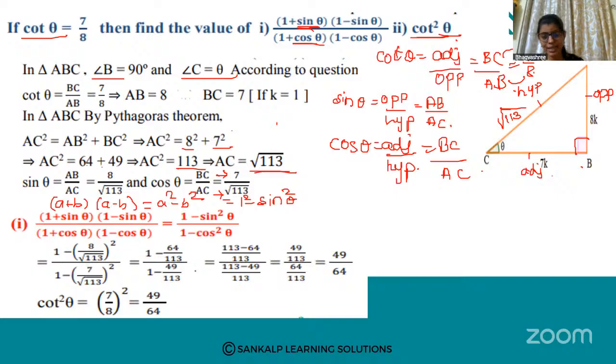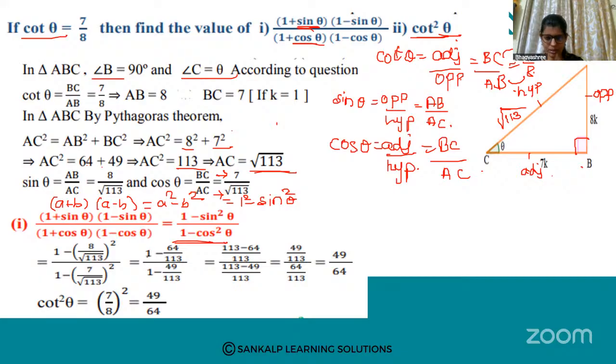Here we have 1 minus cos square theta, so let us substitute. 1 minus 7 divided by root 113 whole square is equal to 1 minus 8 square, which is 64. Root 113 square is 113, divided by 1 minus 7 square, which is 49, divided by 113.